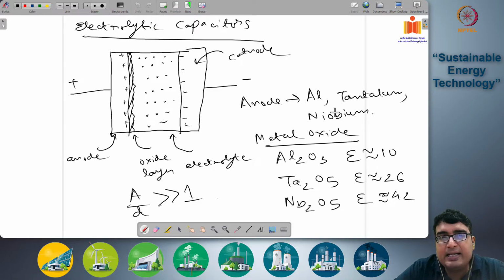In the previous class we discussed electrolytic capacitors, which have specific metal anodes.